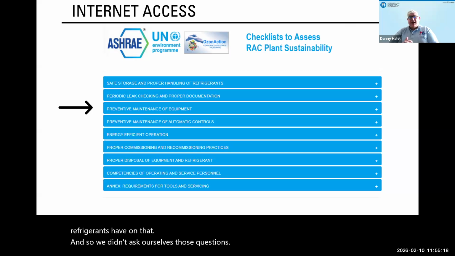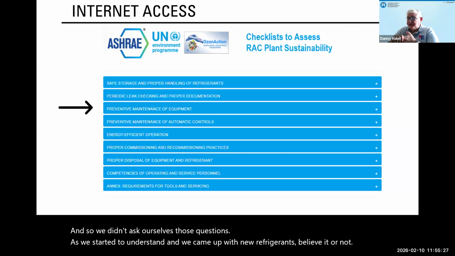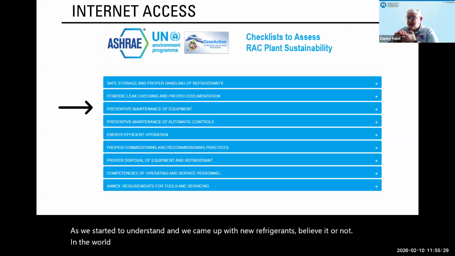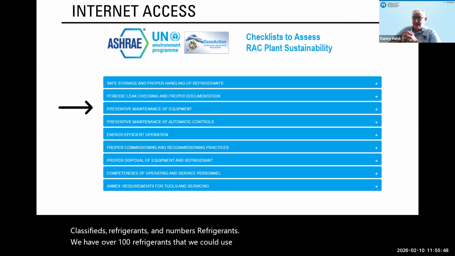As we started to understand and we came up with new refrigerants, believe it or not, in the world of ASHRAE and ASHRAE 34, that is the ASHRAE standard that classifies refrigerants and numbers refrigerants, we have over 100 refrigerants that we could use in this HVAC&R industry.